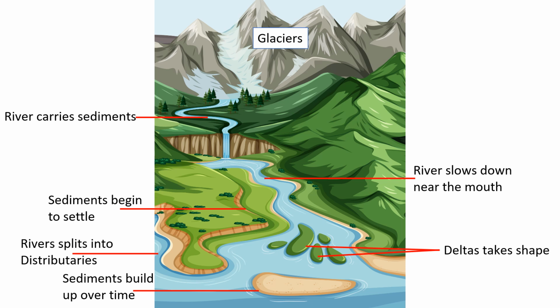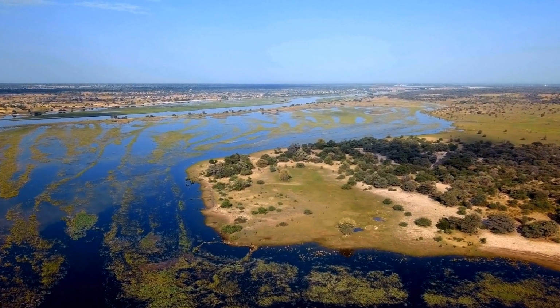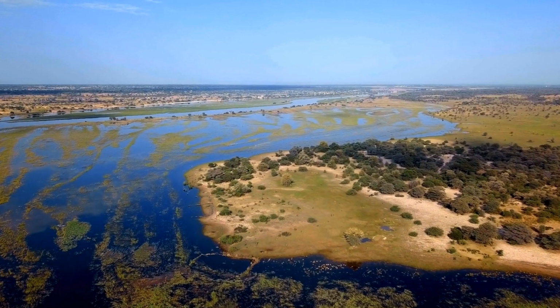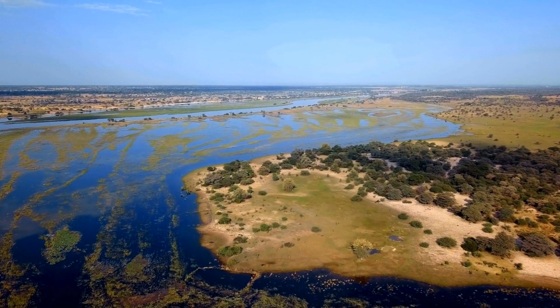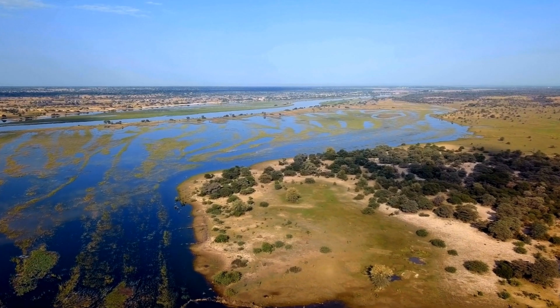The continuous deposition of sediments shapes the delta into different forms depending on the water flow, tides, and waves. Seventh, ecosystem develops. Over time, plants, animals, and human settlements establish in the delta region, making it a fertile and biodiverse area. Not all deltas look the same.